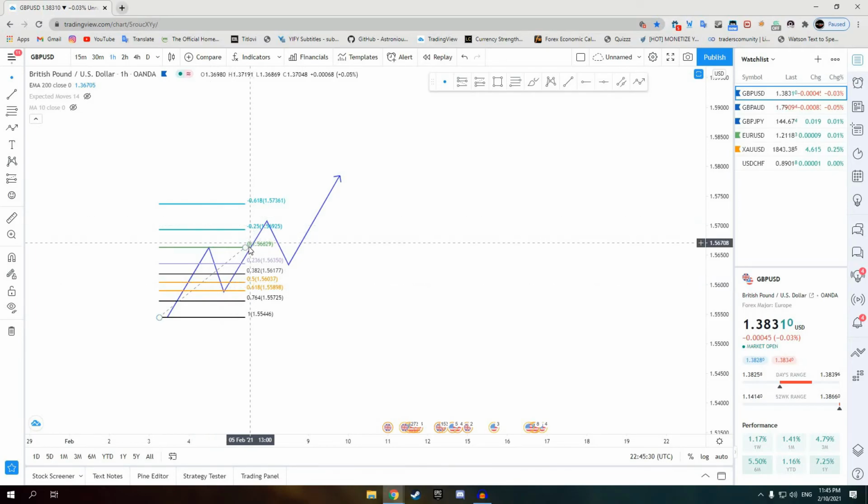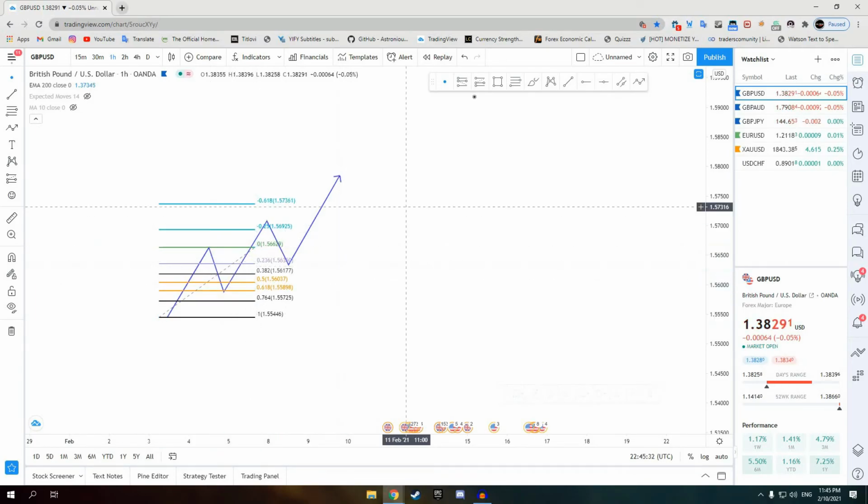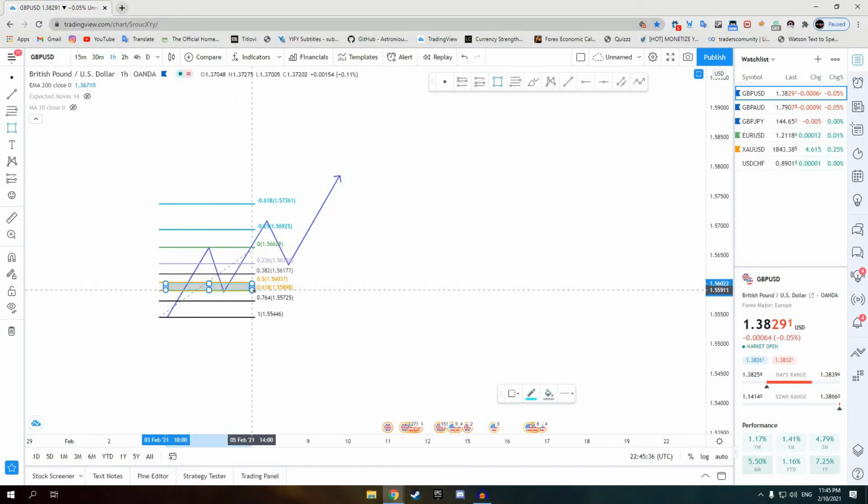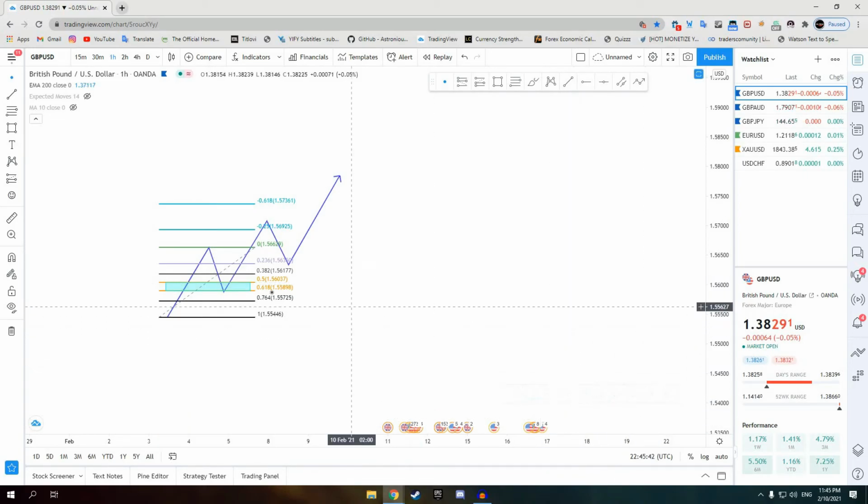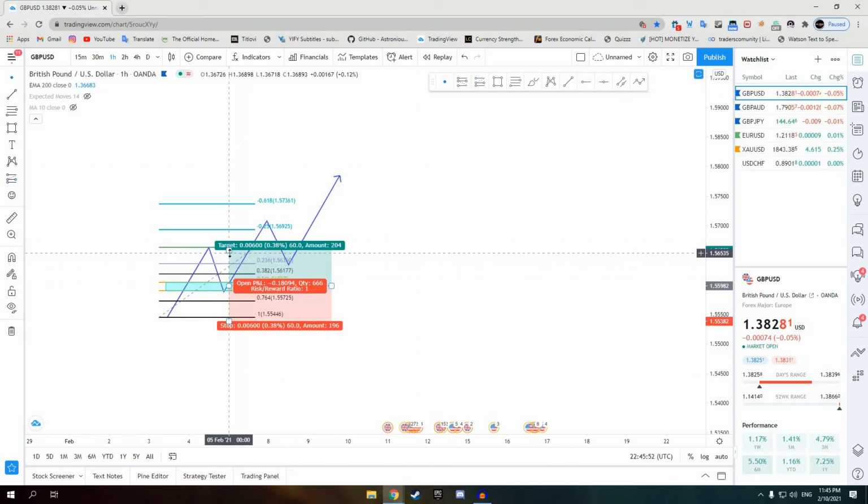Then you want the price to retest the golden area that is in range from 0.50 to 0.618. So when the price gets in the golden zone, you put a buy order.